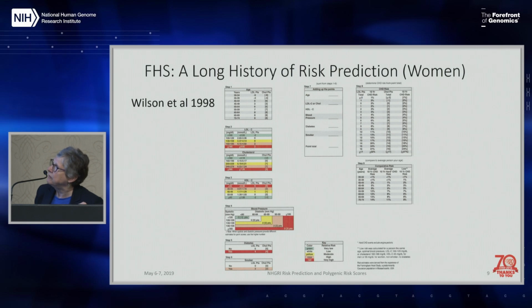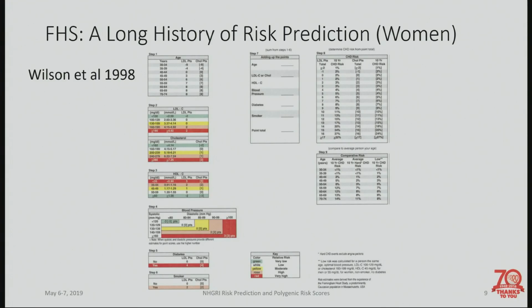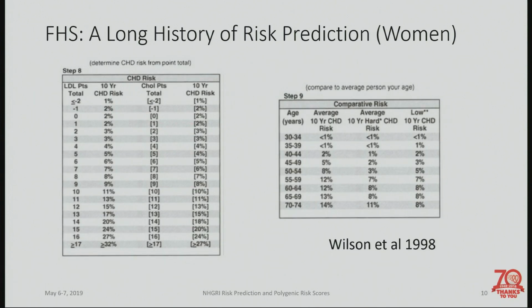And you would figure out which of these categories you're in and get the points off of these little charts and list them here, and then sum them up and get your point total. And then you would go looking at these two charts to figure out your risk and how you compared to others. And those two charts look like this.